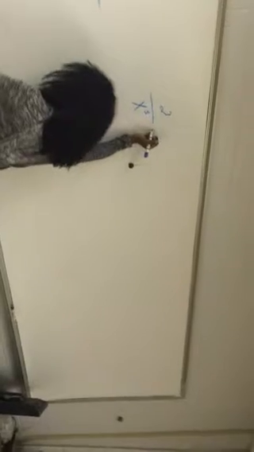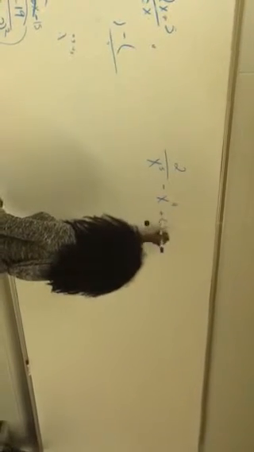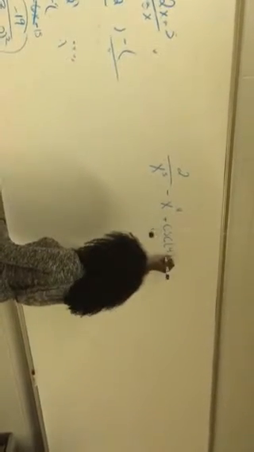Okay, so for problem number 6, we will be looking for the derivative of 2 over x to the 5th minus x to the 11th plus cosecant 4 minus 4 square root x to the 3rd.